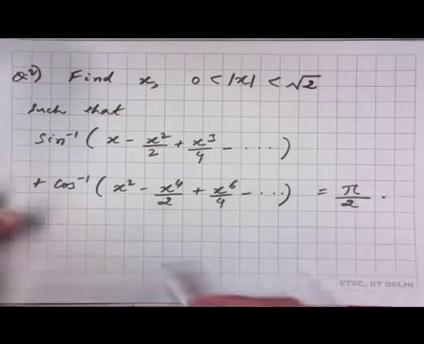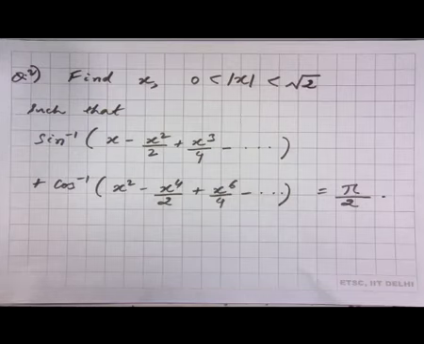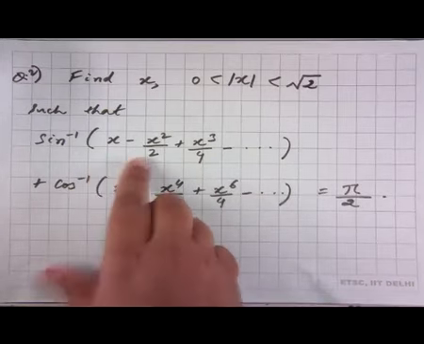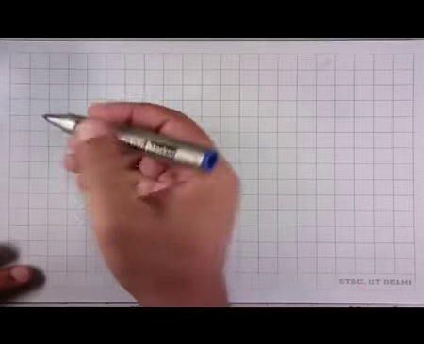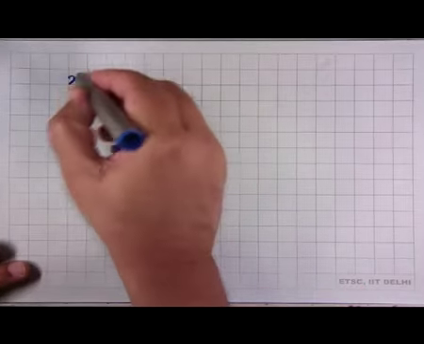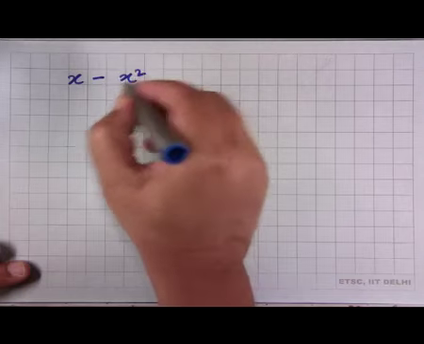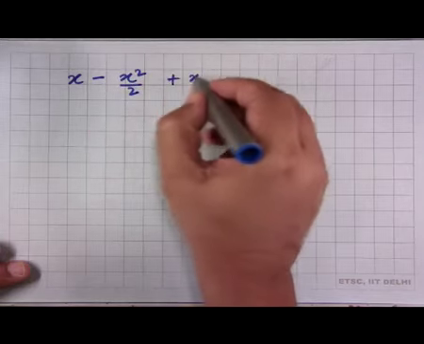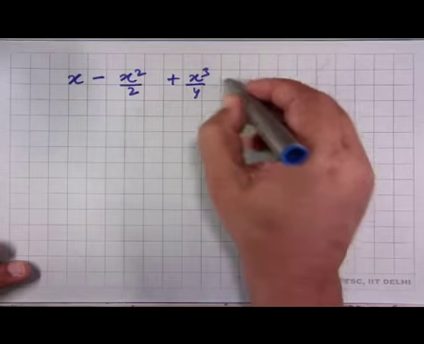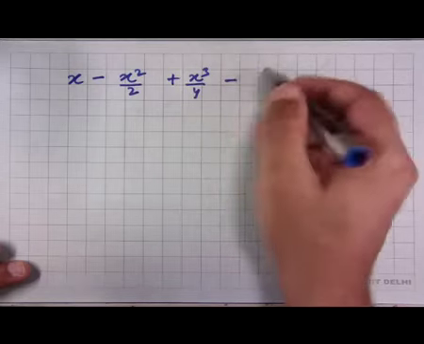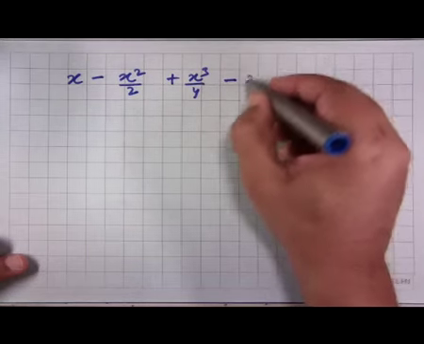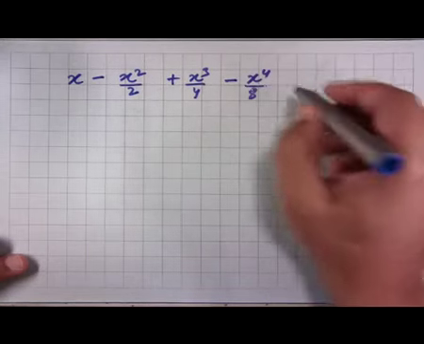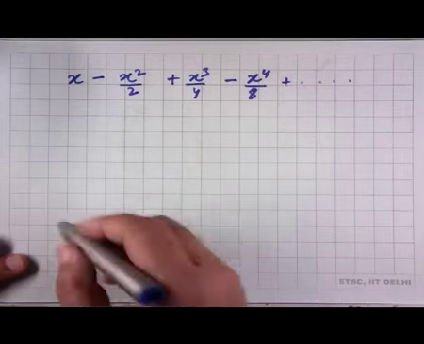So, we take the first series which is inside the sine inverse. The first series is x minus x square over 2 plus x cube over 4 minus x 4 over 8 plus and so on.